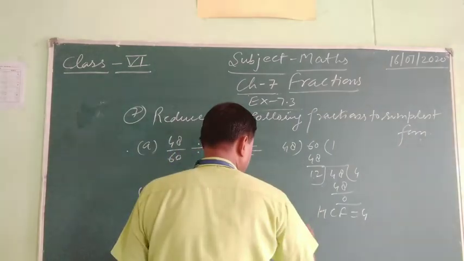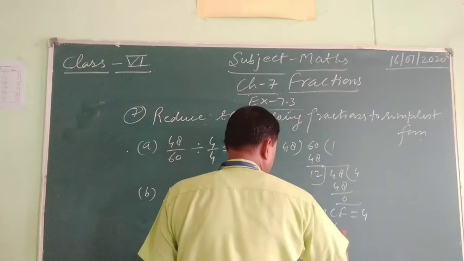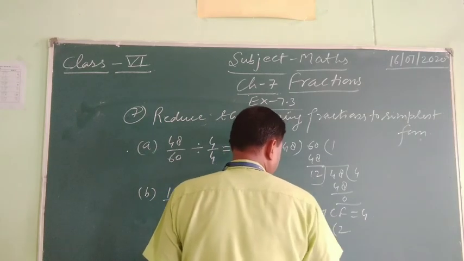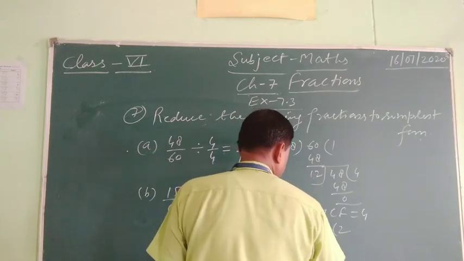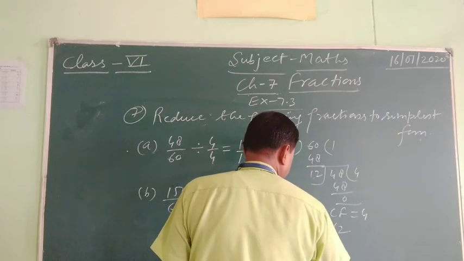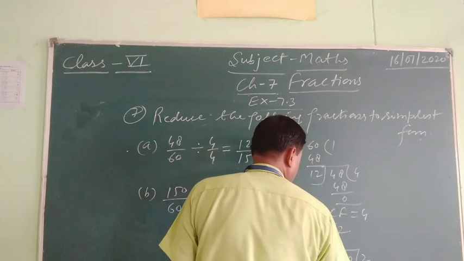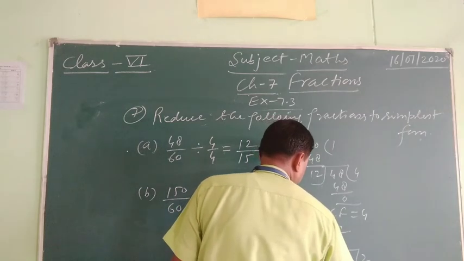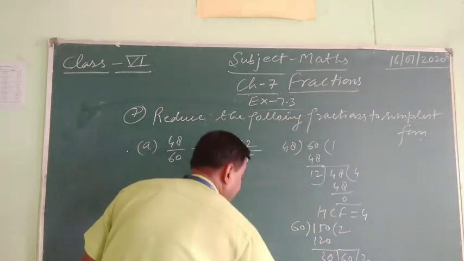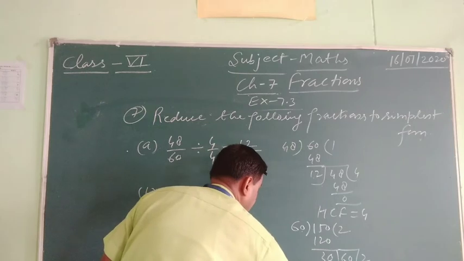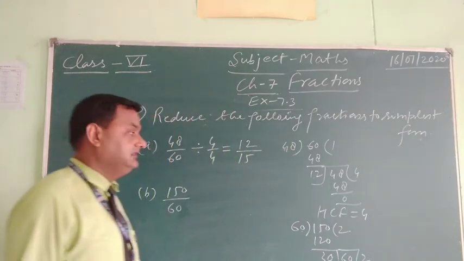150 divided by 60, 60 twos are 120. Now the remainder is 30. Dividing 60 by 30, 30 twos are 60. So the remainder is 0. HCF is 30.